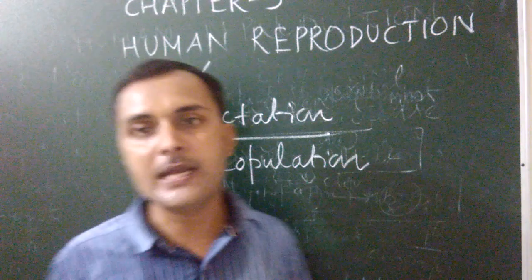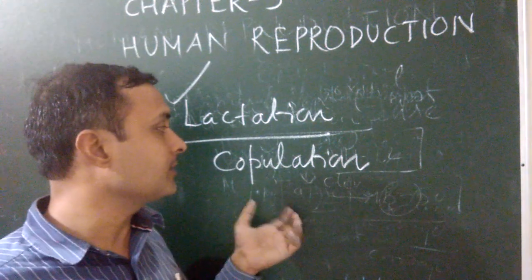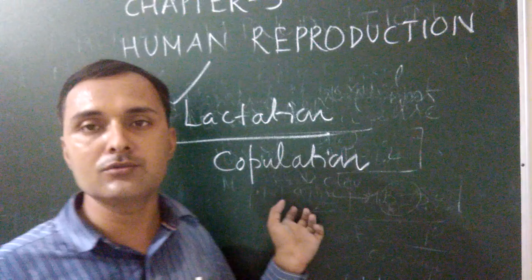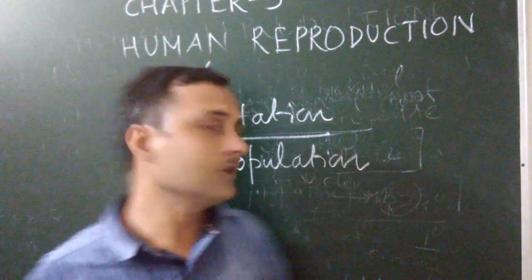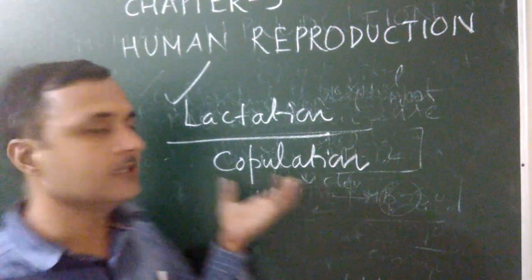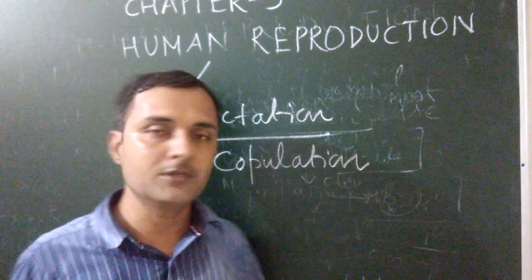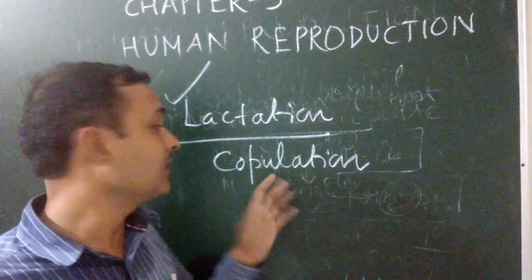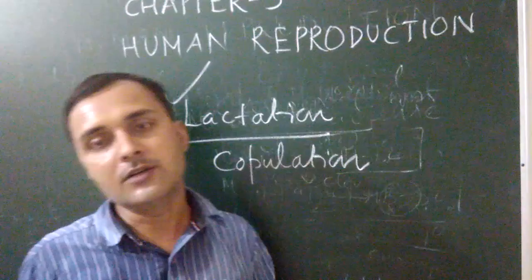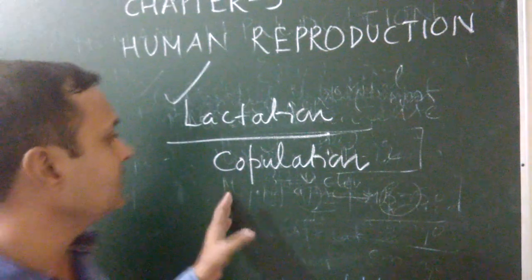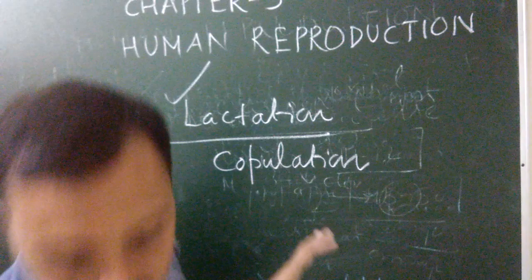The process of mating of male and females during sexual reproduction is known as copulation. This is also known as sexual intercourse or mating. Once again, what do you mean by lactation? The process of ejection of milk from the mammary gland after childbirth is known as lactation. And what is copulation? The process of mating of male and females during sexual reproduction is known as copulation. It is also known as sexual intercourse.